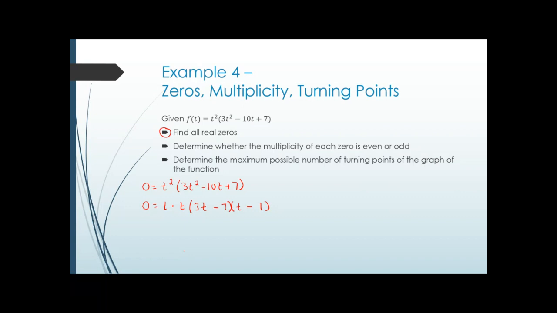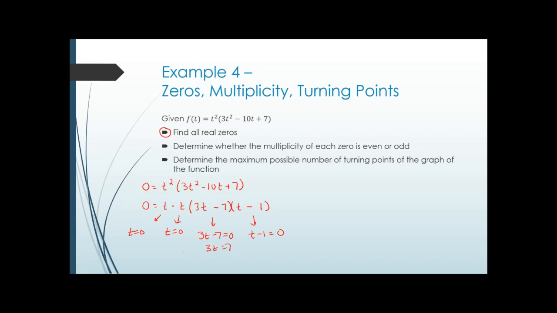Now when we're finding the zeros, we're setting each of these equal to 0 and we're solving for t. So I have t equal to 0, t equal to 0. This gives me 3t minus 7 equal to 0, and then t minus 1 equal to 0. So when I solve 3t minus 7 equals 0, I get 3t equals 7 after adding 7 to both sides.